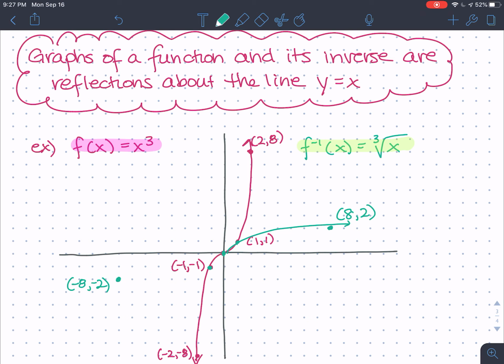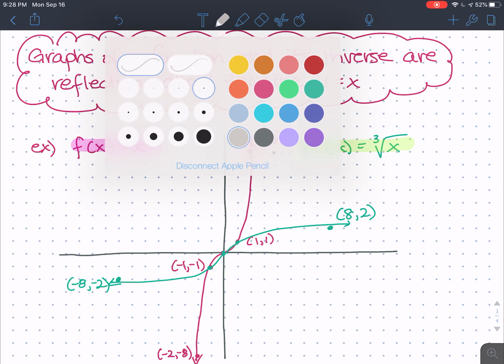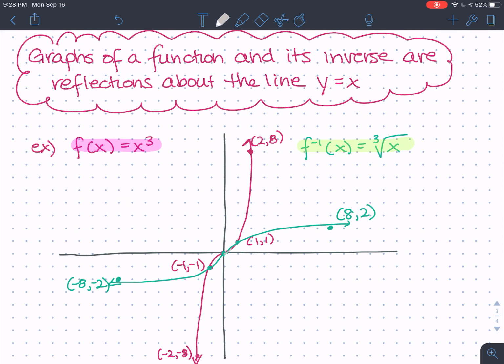There we go, that's better. So then we have the cube root graph. And notice we could just graph them by switching x and y, but it's also the reflection about the line y equals x.